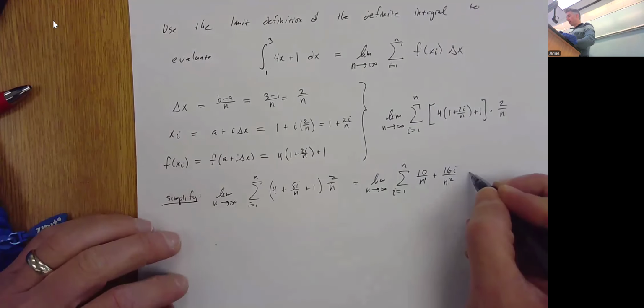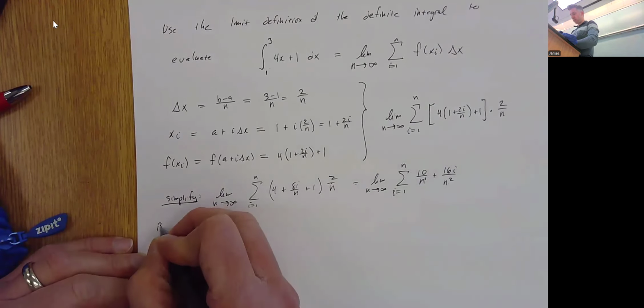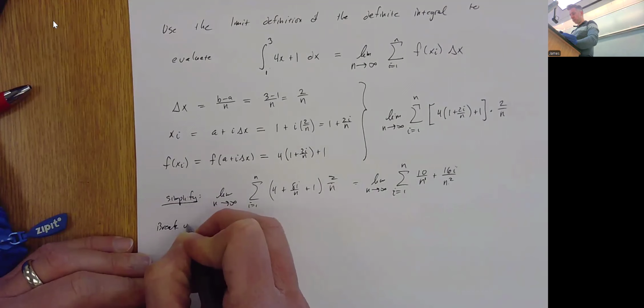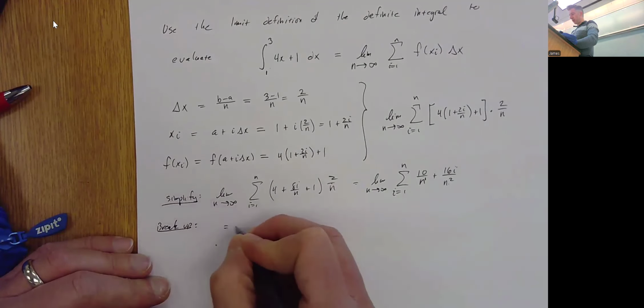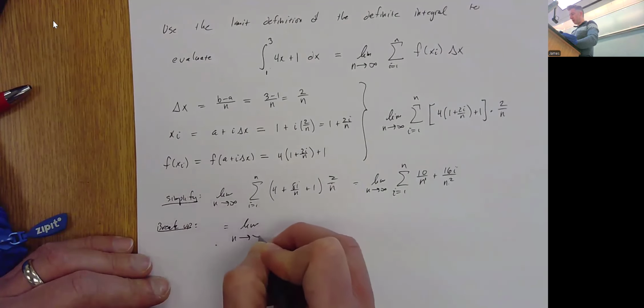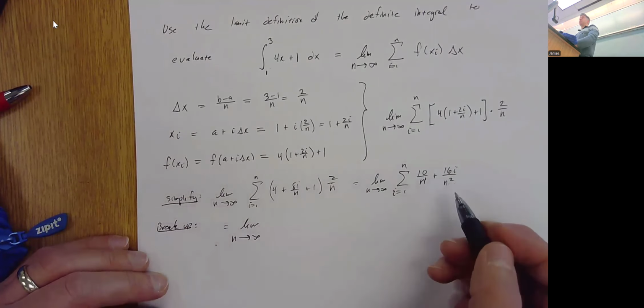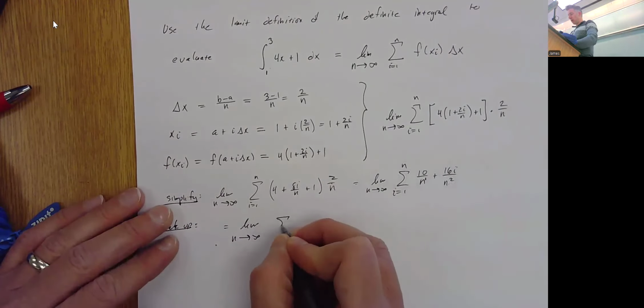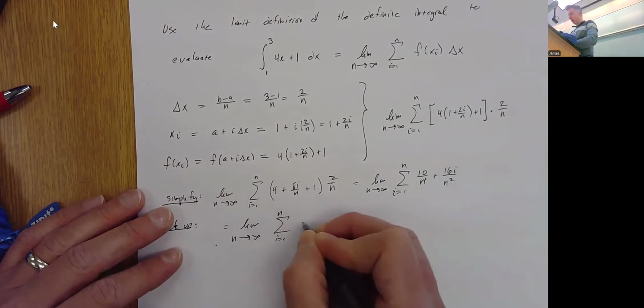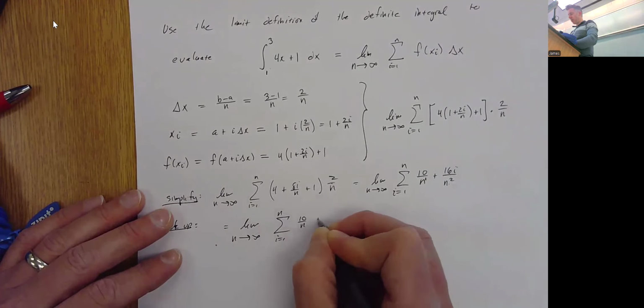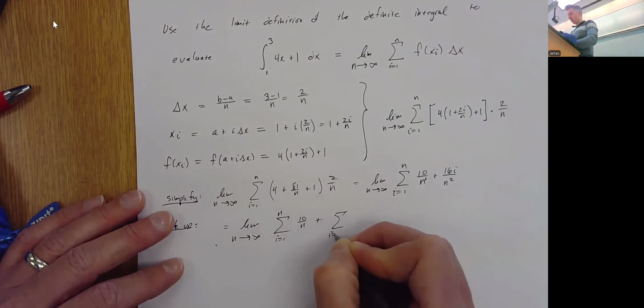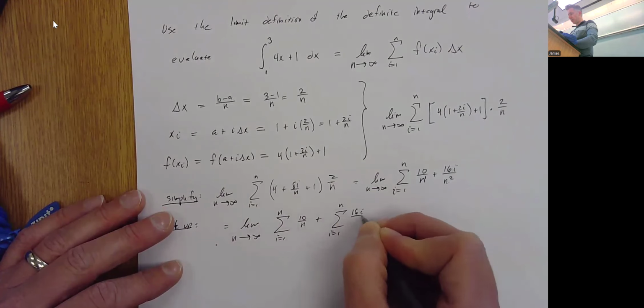So then we're going to break it up. We're going to write this as the limit as n goes to infinity. I've got two things added together here, so I'm going to write it as two summations. So the sum from i equals 1 to n of 10 over n, plus the sum from i equals 1 to n of 16i over n squared.